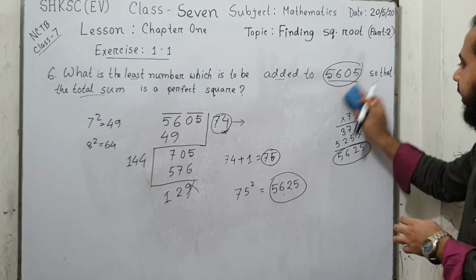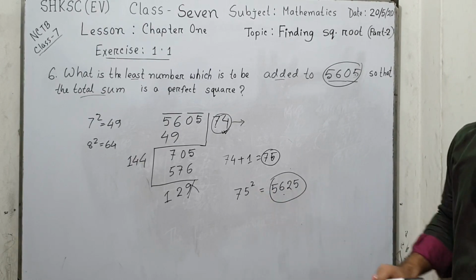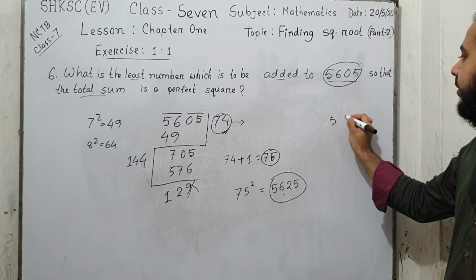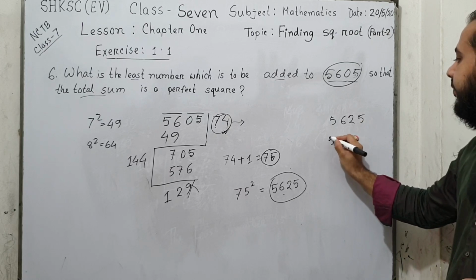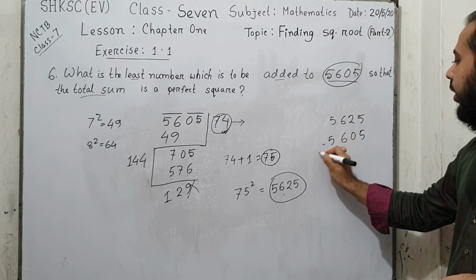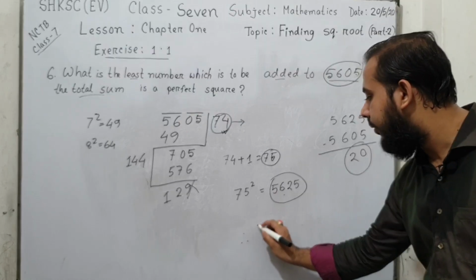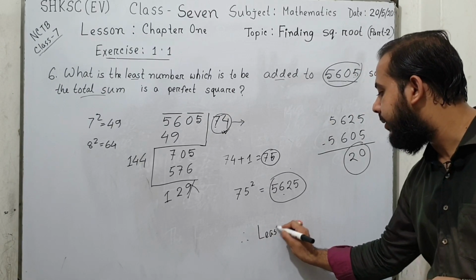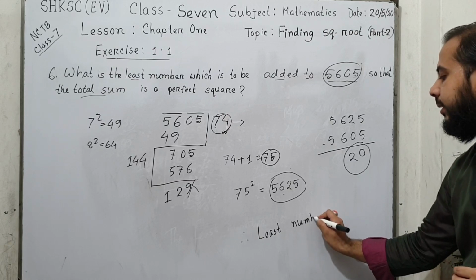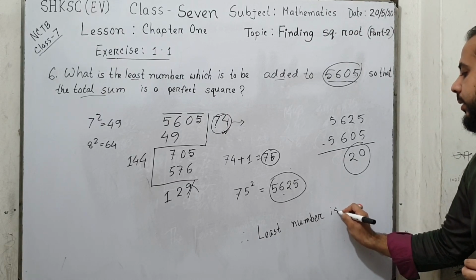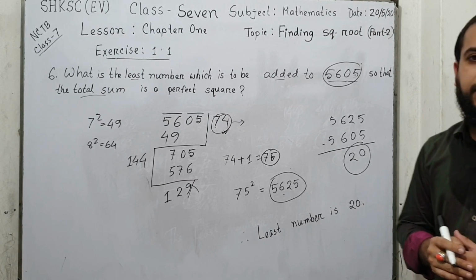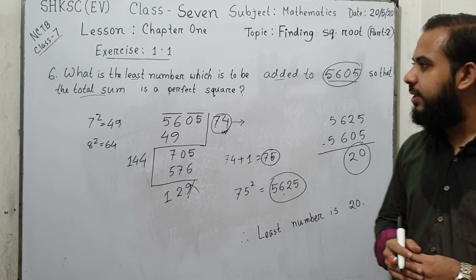So the difference is 5625 minus 5605, which is only 20. So our least number is 20. Therefore the required least number is 20.